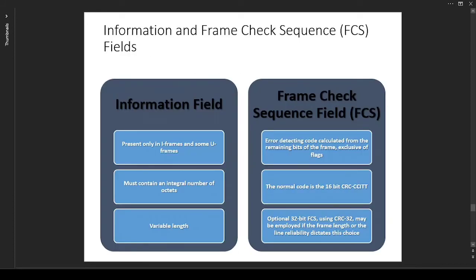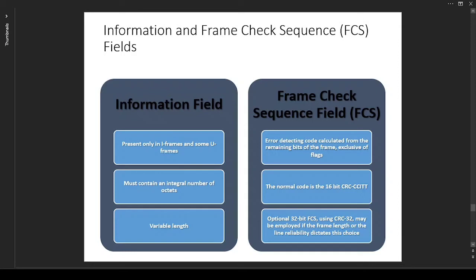Information and Frame Check Sequence, or the FCS. The information field is present only in I frames and some U frames. The field contains any sequence of bits, but must consist of an integral number of octets. The length of the information field is variable up to some system defined maximum.